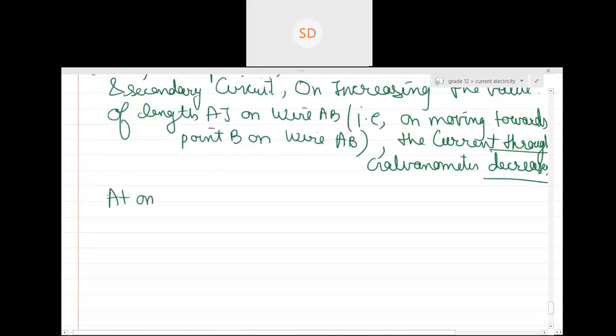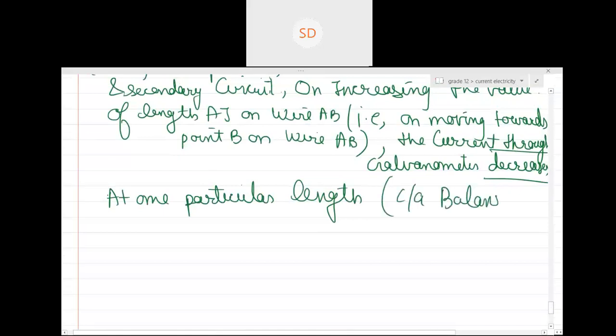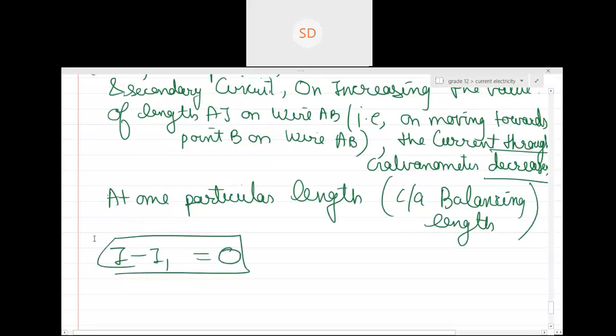So at one particular length, called the balancing length, I minus I1 becomes equal to 0. That is the current through the galvanometer. It was decreasing, right? When you were increasing AJ, this was decreasing. Yes or no?